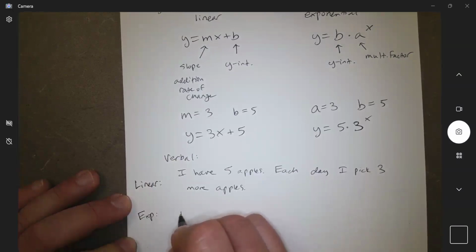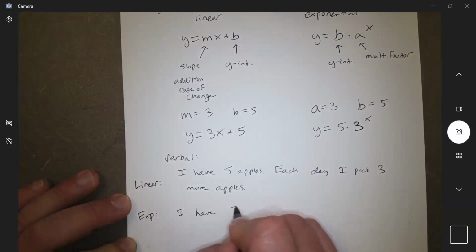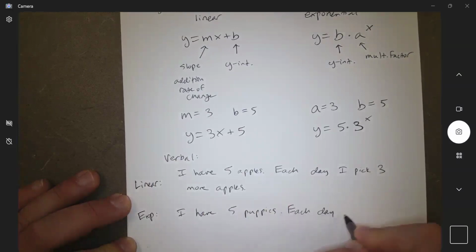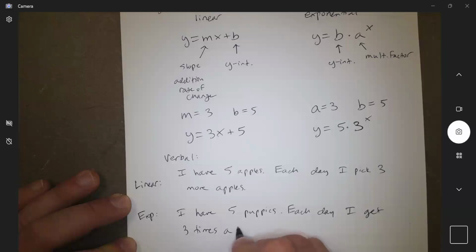Exponential. I have 5 puppies. Each day, I get 3 times as many puppies, Lord help me, as I had the day before.